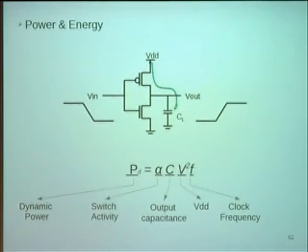The third one is the supply voltage. Obviously, the higher it is, the more power you consume. It also has a larger impact than the others because you have a square here. And the last one is frequency. It's also obvious: the higher the frequency is, the more power you consume.